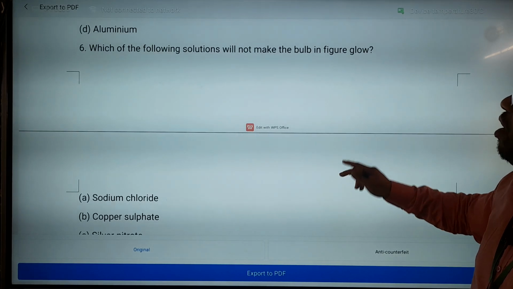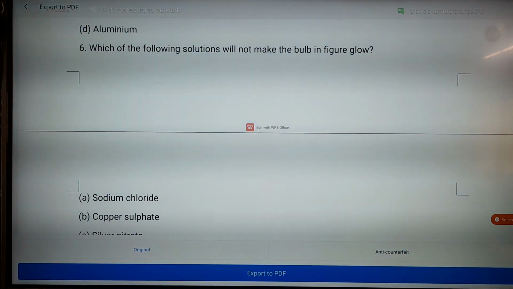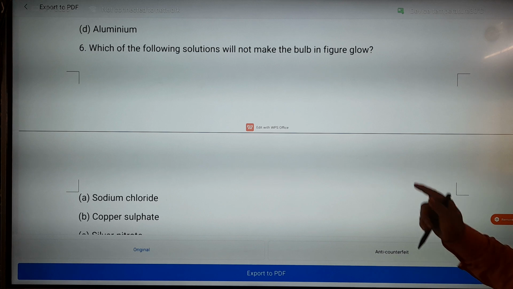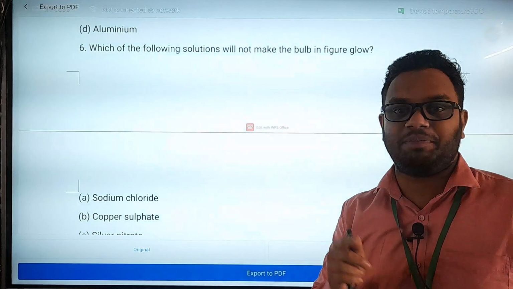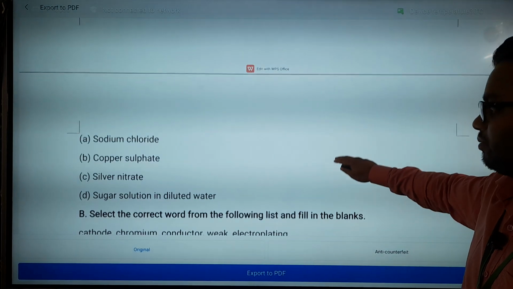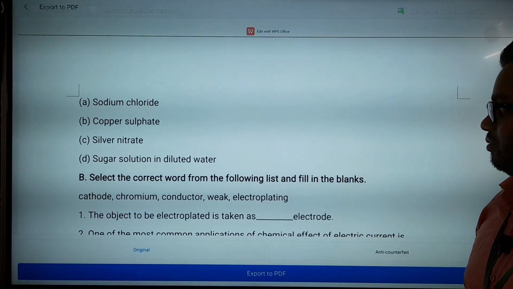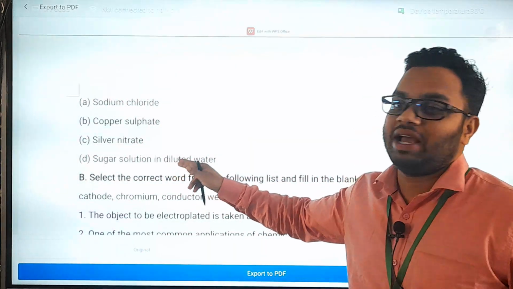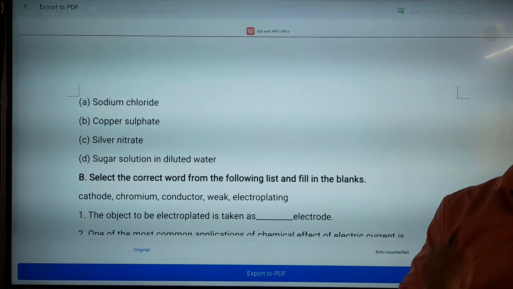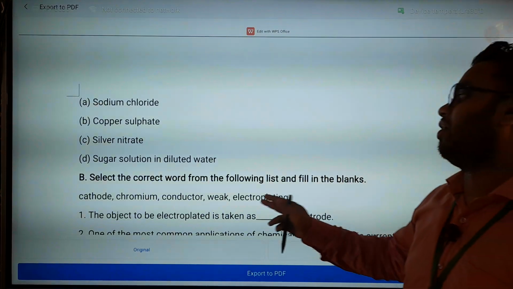The question is, which of the following solutions will not make the bulb glow in the figure? You see the figure, it is given in the book. So which solution? Yes, sugar solution. That is a poor conductor. It will not conduct electricity.